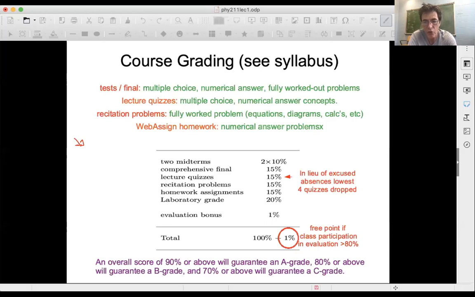And then also on the final score, if the class completes the university class and instructor evaluation, then I'll also credit an extra 1%. So that's how the grading will work.